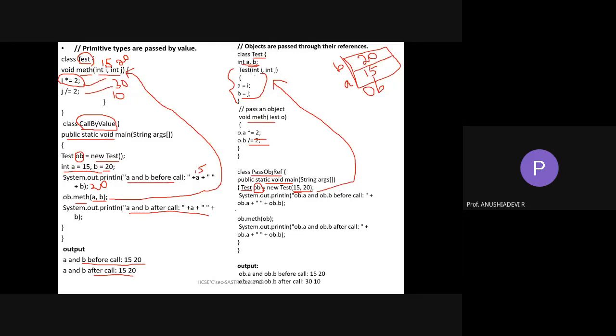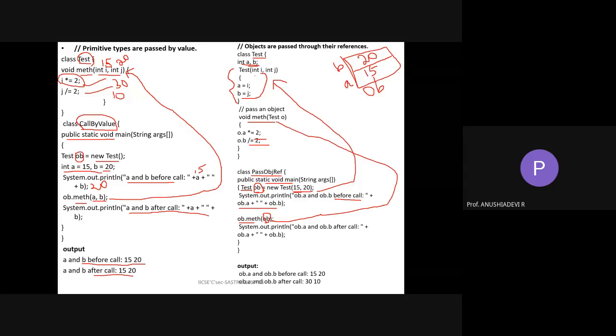Now afterwards, it will print System.out.println OB.A and OB.B before calling the function. So it will print 15 and 20. Now I am calling OB.meth, and here I am passing the same OB object as argument. So then what will happen? It will come to here.